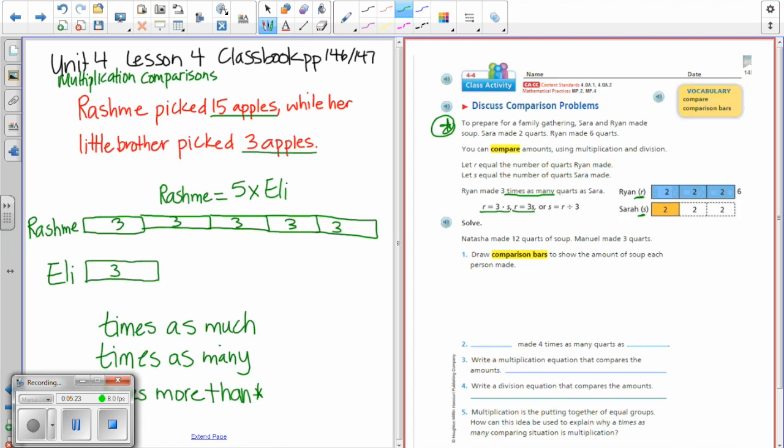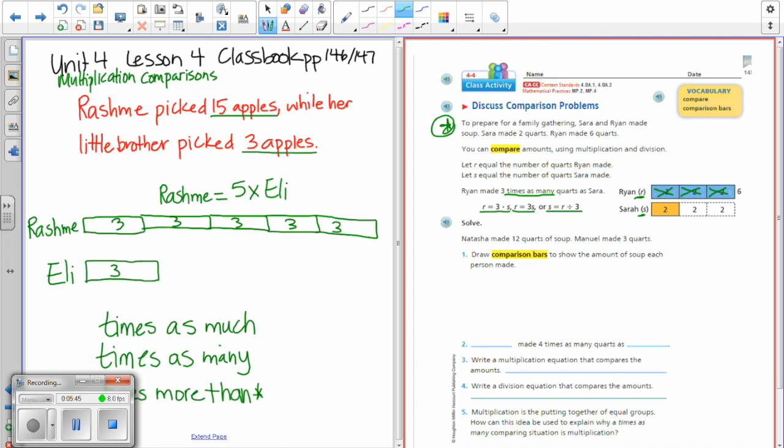Or if we're talking about the inverse operation, it would look like S equals R divided by 3. Because we know, look at the boxes, 1, 2, 3. There are 3 times as many squares for Ryan to Sarah's 1.